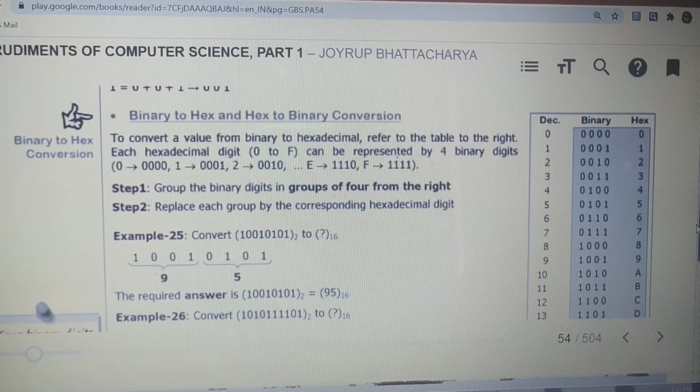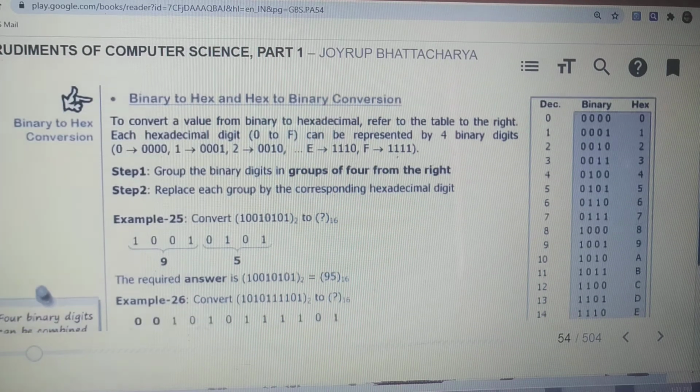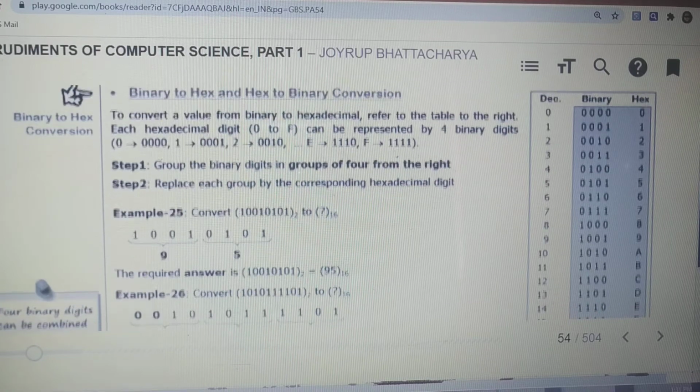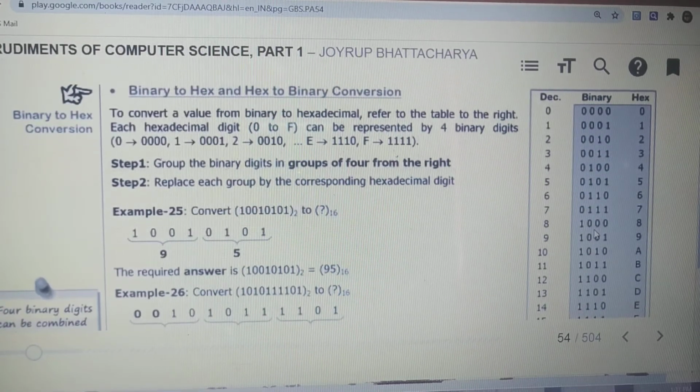Now coming to binary to hexadecimal conversion. For this conversion also you have to remember this chart, which is very important. Hexadecimal is a 4-bit representation. Octal is 3 bits and hexadecimal is 4 bits.